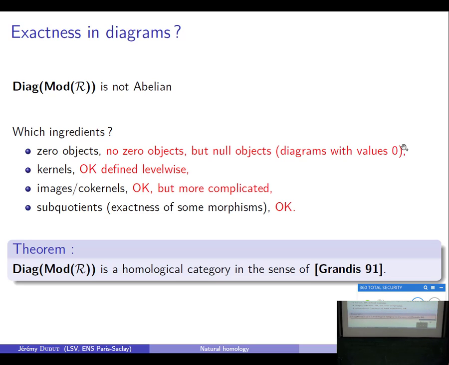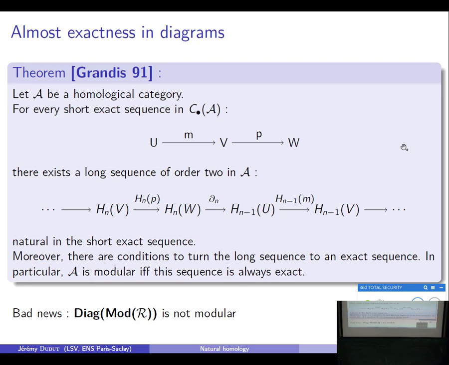And in a homological category, we almost have an exactness axiom from 3. Well, modulo the work of Marco Grandis. So there is a theorem which says that in a homological category, every time you have a short exact sequence of chain complexes, you have a long sequence in homology, but it is not exact everywhere in general.